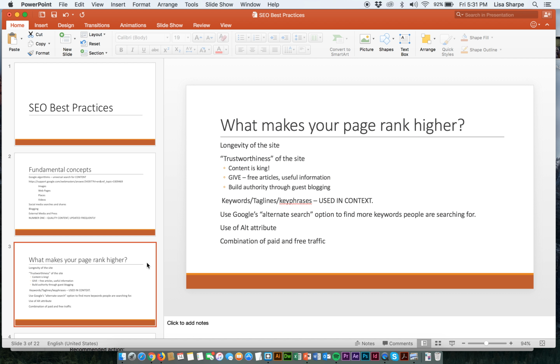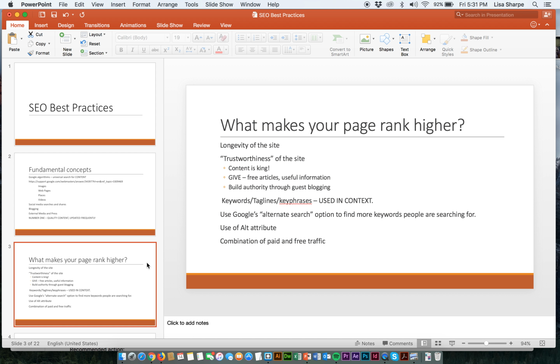So there's no way that you are going to start to rank higher organically in the search engines immediately. So you put up a website, you're going to start to share some social media, maybe you'll get some hits, but you're not going to get number 1, number 2, number 3, or number 4, or possibly even front page placement in Google until your site has some longevity.